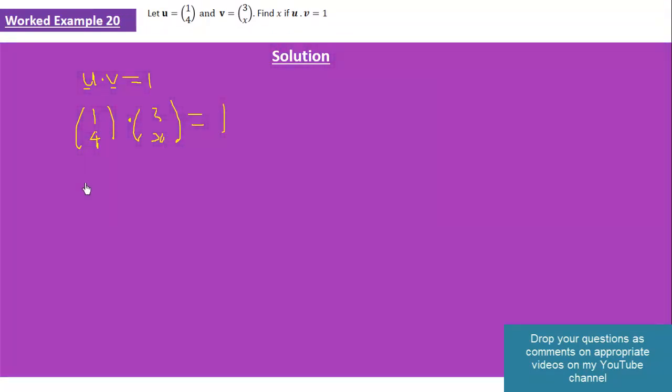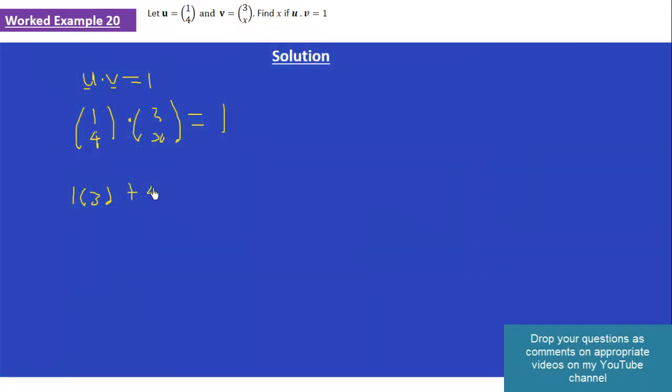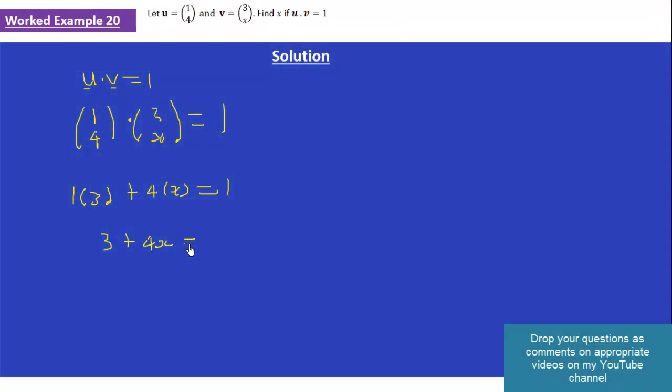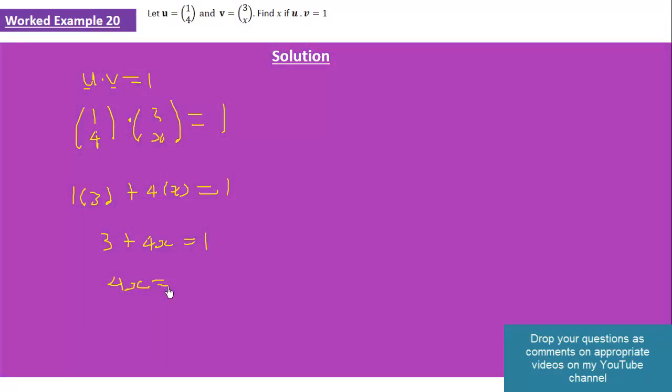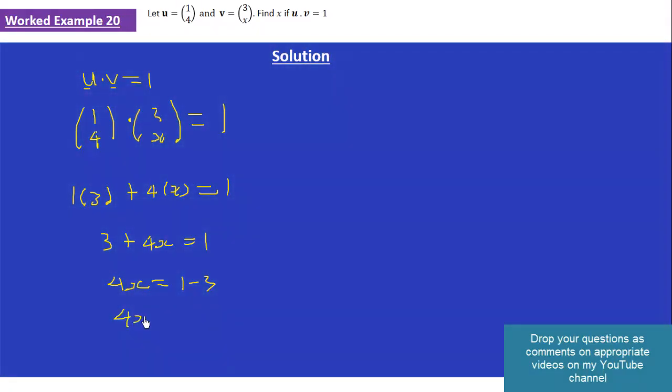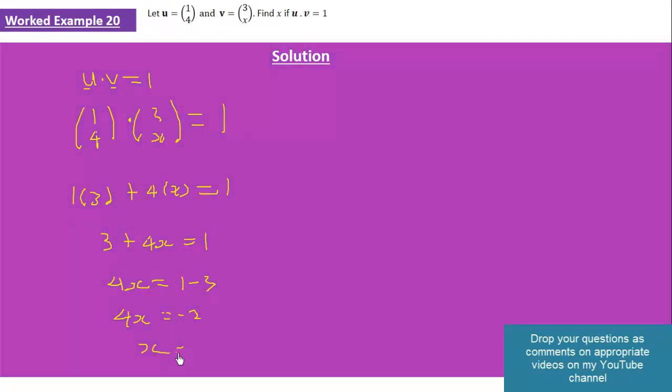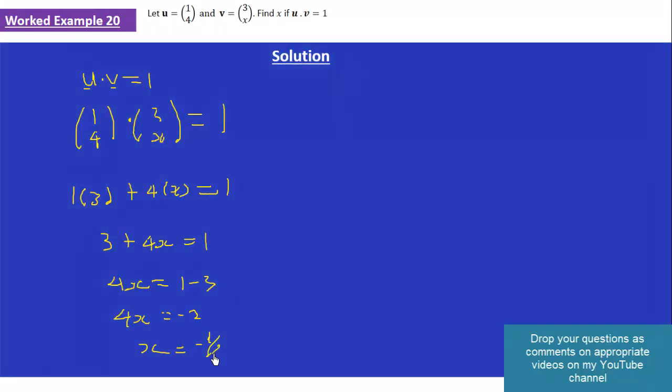By the definition of dot product, we have 1 multiplied by 3 plus 4 multiplied by x equal to 1. So we have 3 plus 4x equal 1. Hence 4x is equal to 1 minus 3, so 4x equal negative 2. Then x equal negative 1 over 2.